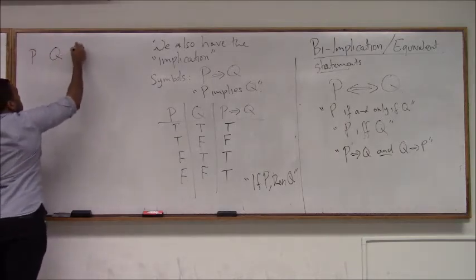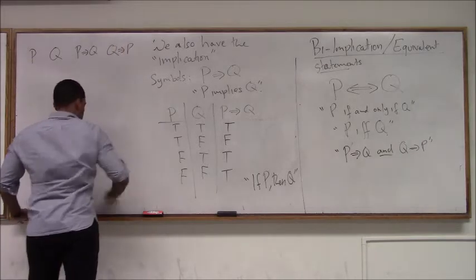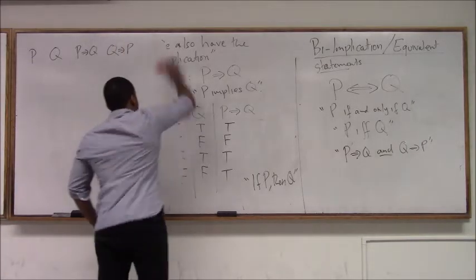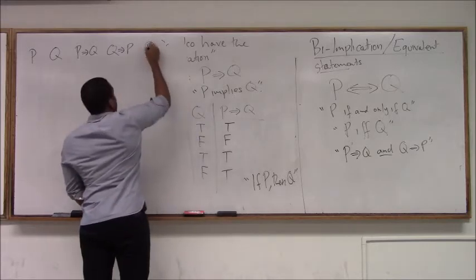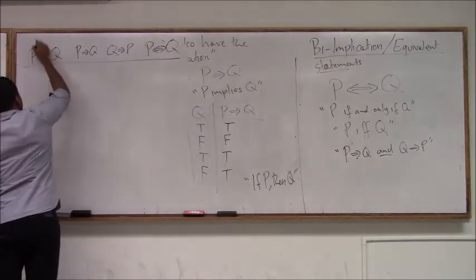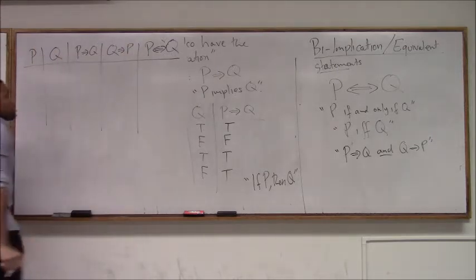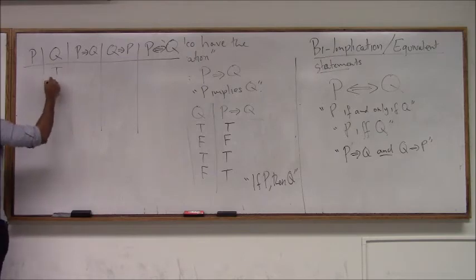P, Q, P implies Q, Q implies P, and then P if and only if Q. Here it's true, false, true, false, true, true, false, false.